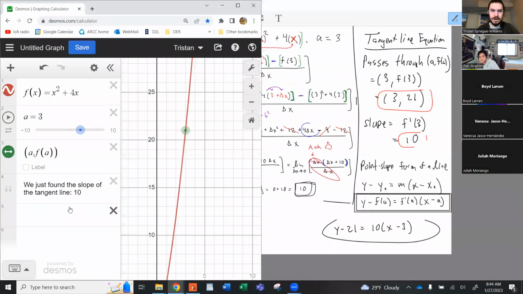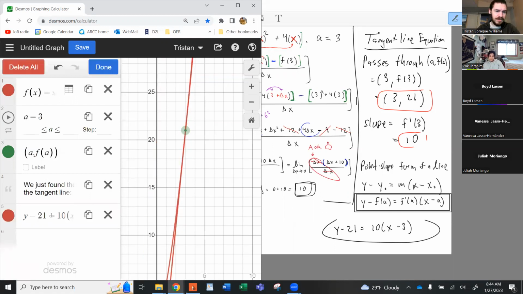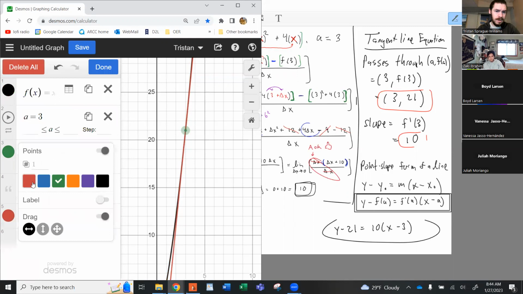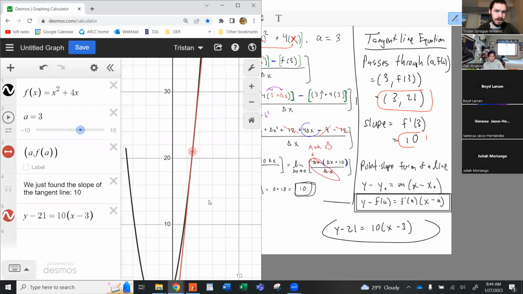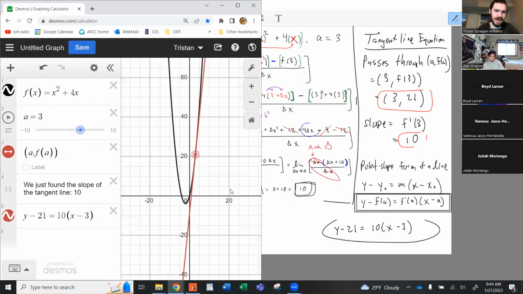I'm graphing that y minus 21 equals 10 times x minus 3. And that line, let's make it a different color from the original graph. Let's make the original graph black, and the point can be a red point. Okay, there we go.